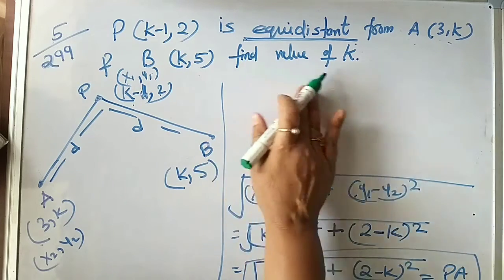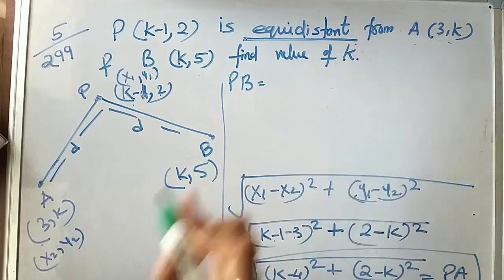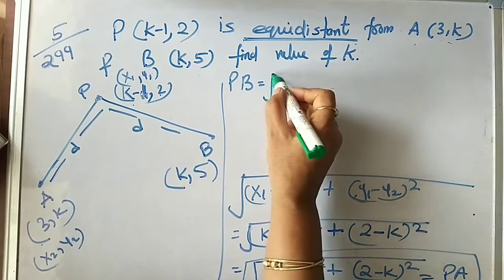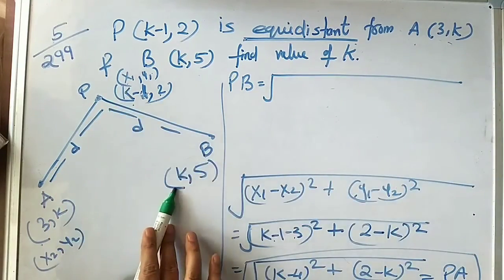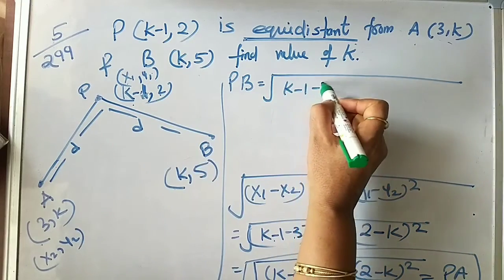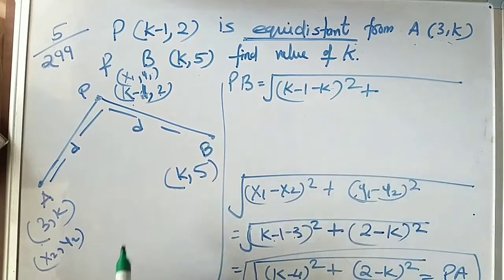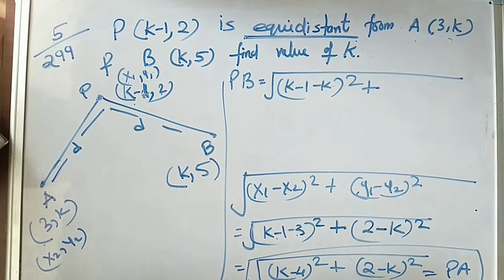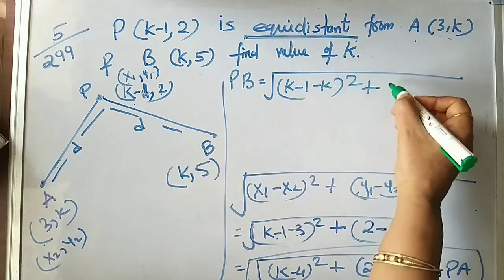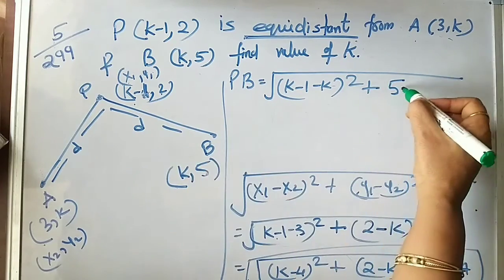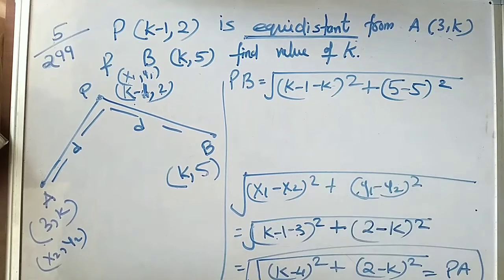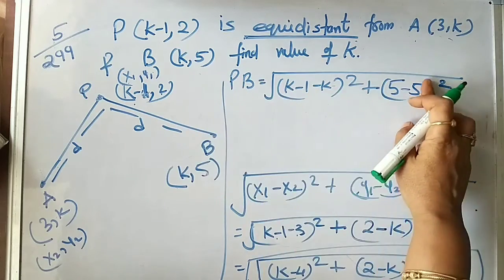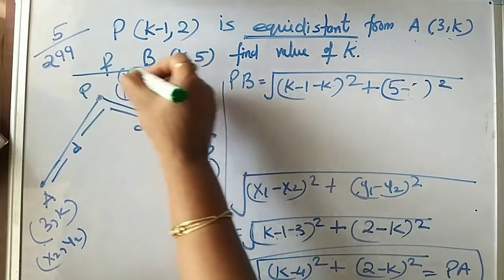Now let me calculate PB here. PB is under root of x1 minus x2 square plus y1 minus y2 square. So x1 is k minus 1, x2 is k, plus y1 is 2, y2 is 5. I'm sorry, this was 2, this is question 2.